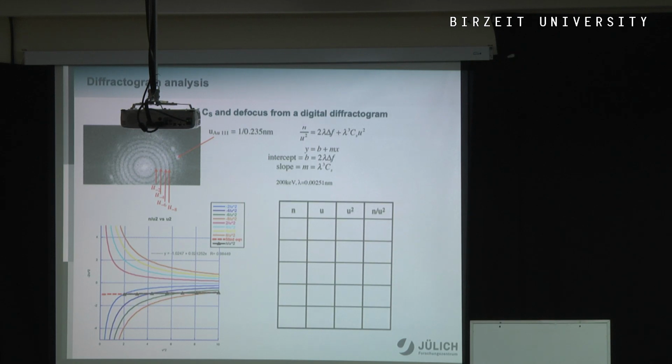When we run this exercise in practice, and when people measure the positions of these rings, it turns out that, especially for the measurement of the spherical aberration coefficient, everyone gets a wildly different answer. The reason is that even if you measure these positions as accurately as you can, it's extremely difficult to measure some of the aberration coefficients.